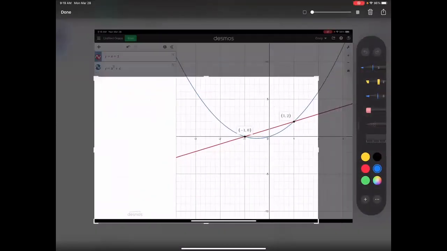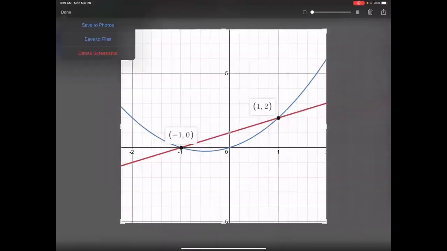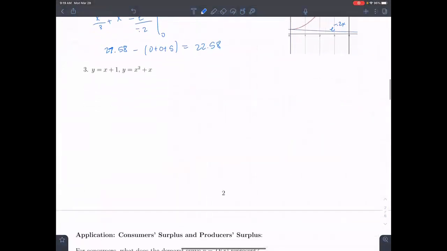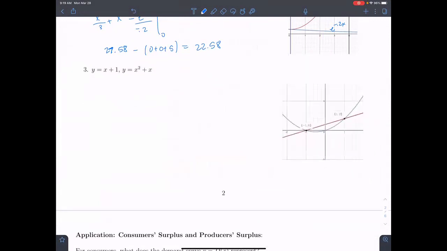Okay, so then we will go do this in our notes. So we're looking at the interval here from negative 1 to 1, and it looks like the line is on the top, so that's the x plus 1, and on the bottom here is x squared plus x.